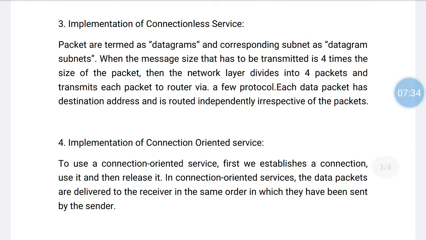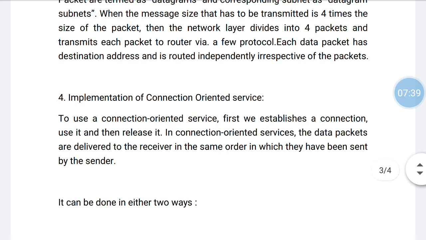Next is implementation of connection oriented service. For connection oriented service, we need a virtual circuit subnet, and the idea behind virtual circuits is to avoid having to choose a new route for every packet. Instead, when a connection is established, a route from the source machine to the destination machine is chosen as part of the connection setup and stored in tables inside the routers.